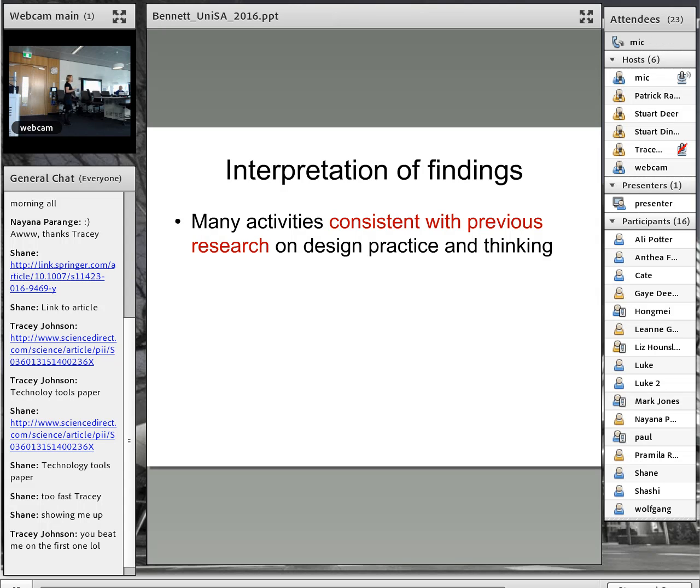The idea of precedent, so I mentioned that earlier. So the idea of past experience coming in here, near colleagues, those are all very consistent with what other types of designers do. So I think this is an interesting one because what we've done is we've taken these findings and tried to say, well, how is this like design as we would recognise it from other fields? And there's quite a strong level of consistency there.